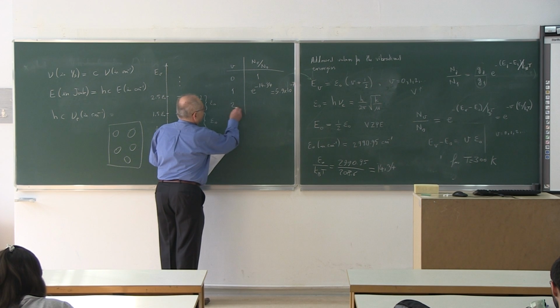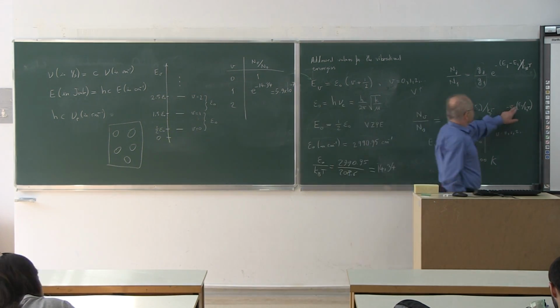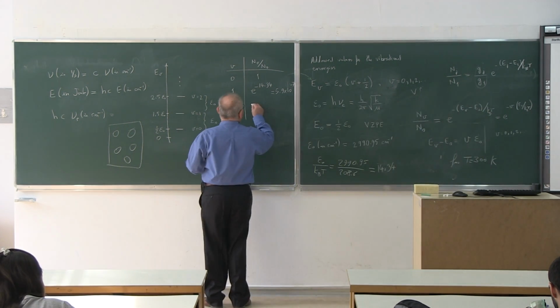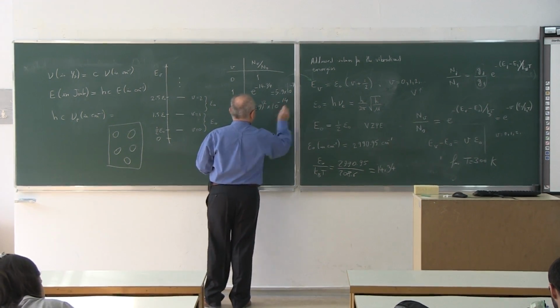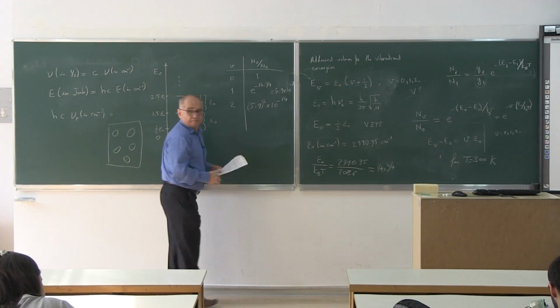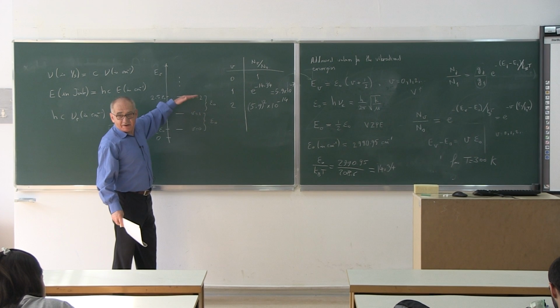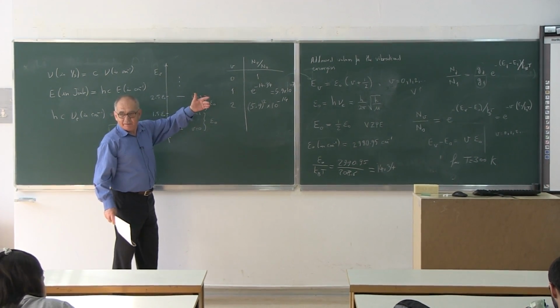If we go further, you put V equals 2 here. It means square of this number. So, as the vibration energy gets higher, numbers become drastically smaller and smaller.